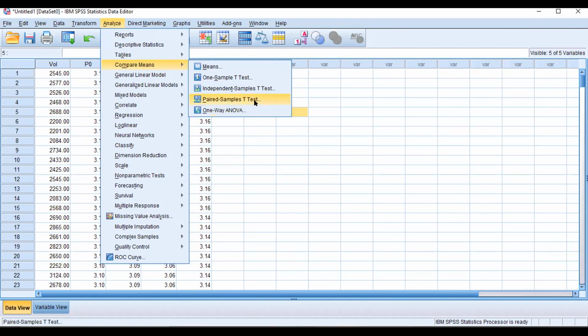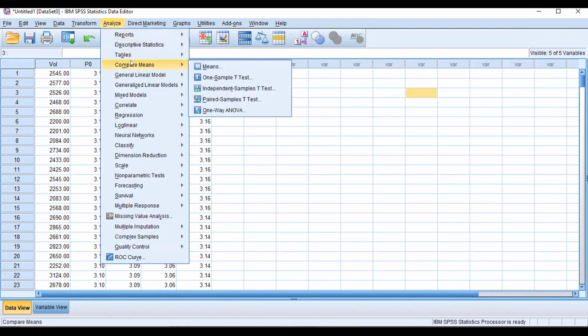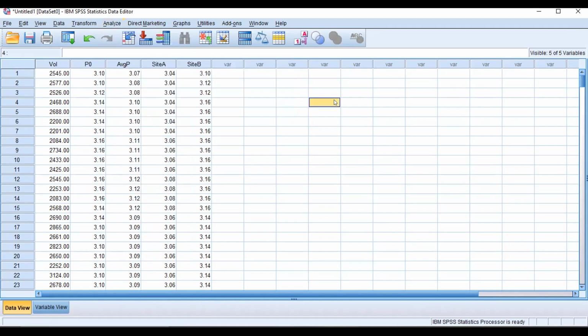Paired sample t-test. If they were two different companies and we had to compare whether both companies have the same pricing strategy, then we might choose the independent sample t-test. But here our parent company is the same: we are picking two things from one same origin.